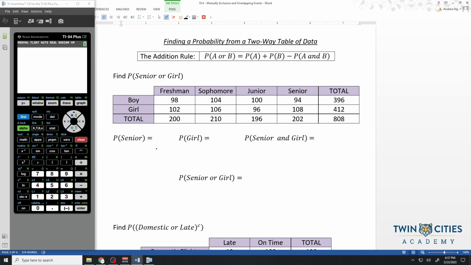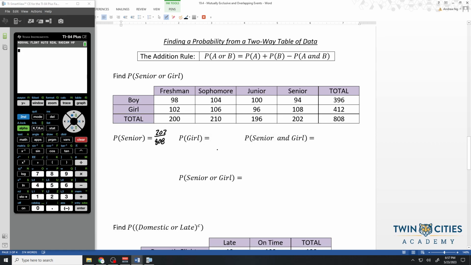Well, that's going to be 202 over 808. That's because there are 202 seniors and there are 808 total students. So the probability of getting a senior is 202 over 808.